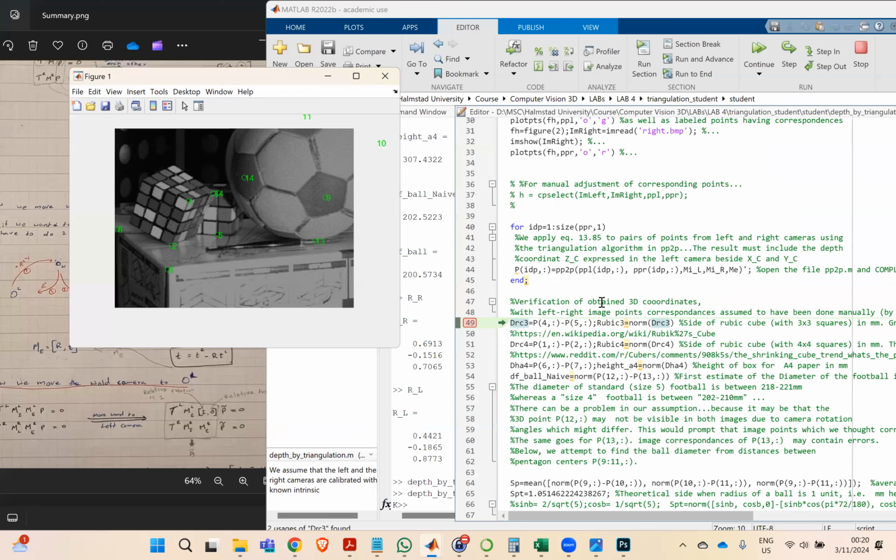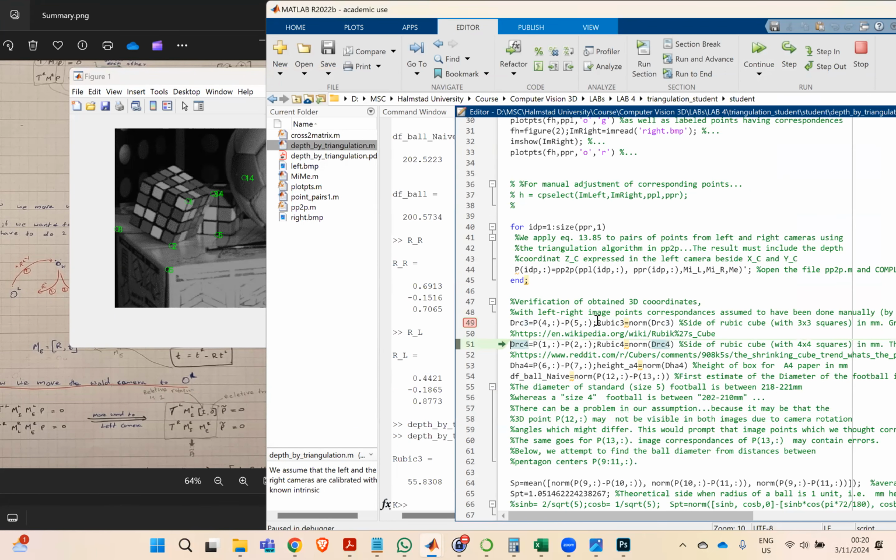So we should get the same answer from here also. Yeah, we get 55 millimeters, 55.8. So that's almost 56, right? That's 5.58 centimeters. So we get almost the same answer. We got it, right?